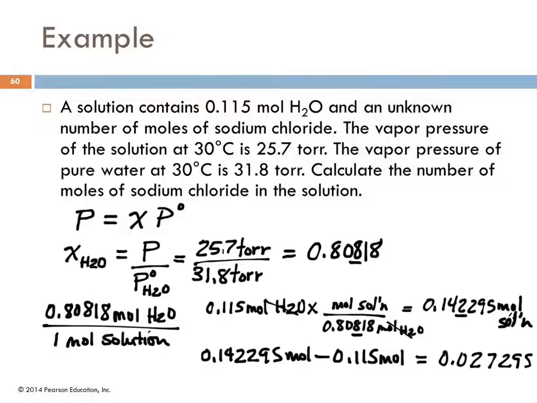We're subtracting, and we need 3 decimal places, so it'll be 0.027 moles of sodium chloride. Any questions?